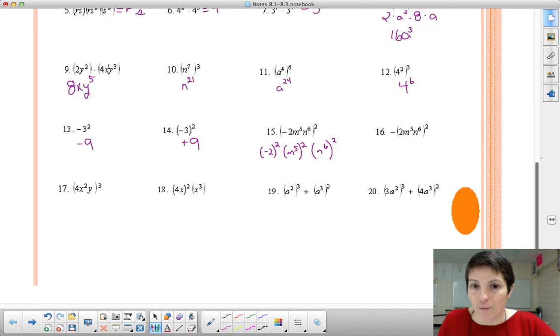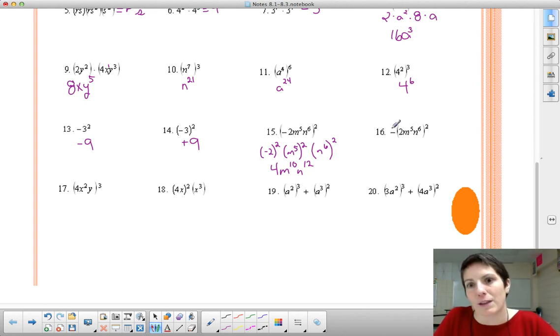So it's a really big superpower problem. So negative 2 to the second power is positive 4 times m to the 10th times n to the 12th. So we keep every base and we multiply every exponent.